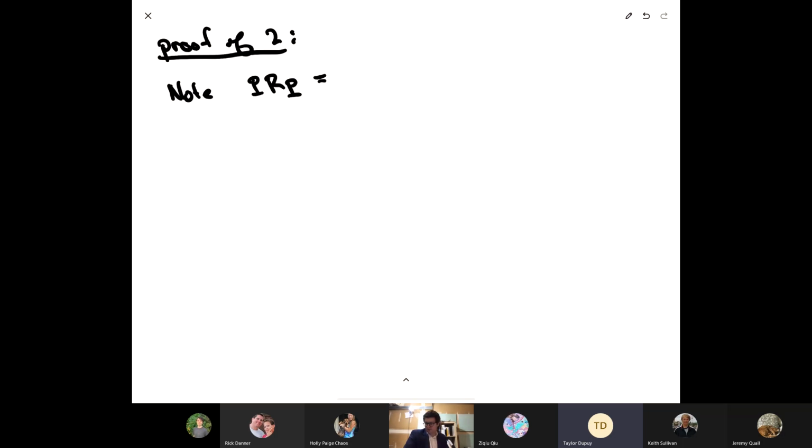So this is equal to, well, we could do it like this: S_P inverse of P. This is S_P inverse of R, and this is S_P inverse of P. Okay, so this is really just the localization of the prime ideal P.